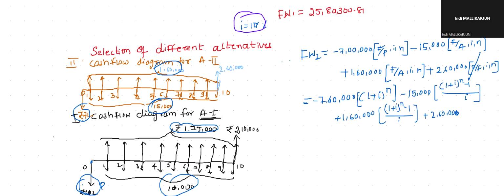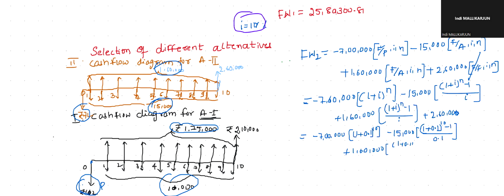Here, directly, minus 7 lakh into 1 plus 0.1 power 10, minus 15,000 into 1 plus 0.1 power 10 minus 1 divided by 0.1, plus 1,60,000 into 1 plus 0.1 power 10 minus 1 divided by 0.1. At last, 2,60,000 rupees.